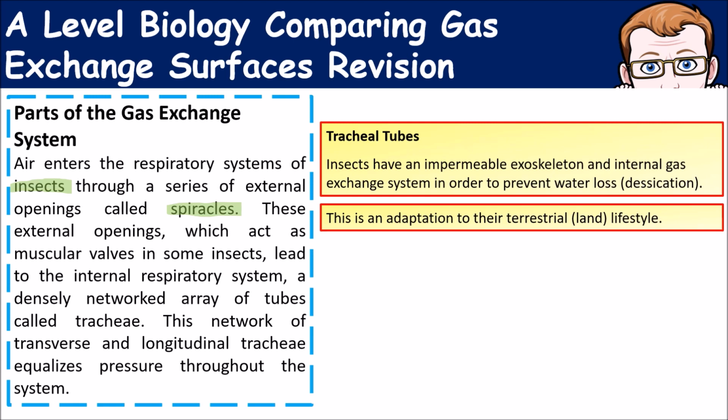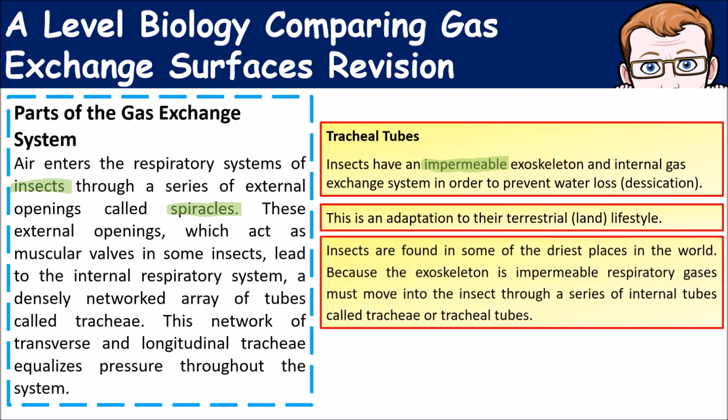Because they've got an impermeable exoskeleton, gas can't just diffuse straight through, so they need this gas exchange system. Insects, remember, we find in some of the driest places in the world. That's why they have that exoskeleton to prevent water loss. So they need a series of internal tubes called trachea and tracheal tubes.